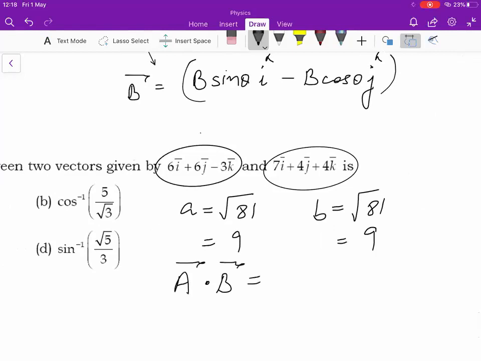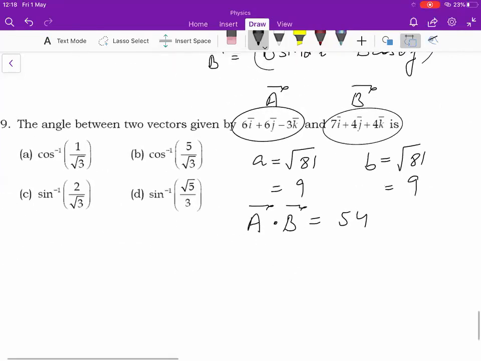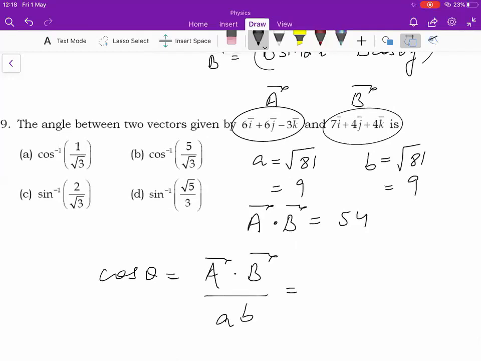If this is A and this is B, it is 54. Very good. So now you can write cos theta as A dot B upon AB, which is 54 divided by 9 into 9. Is this the way you were telling me?